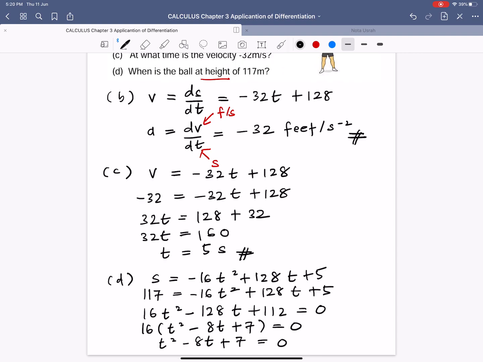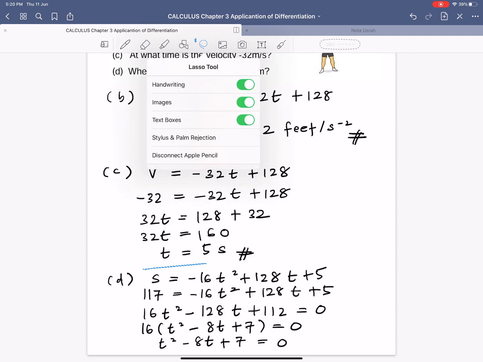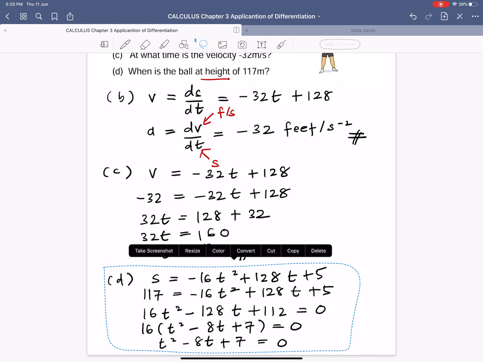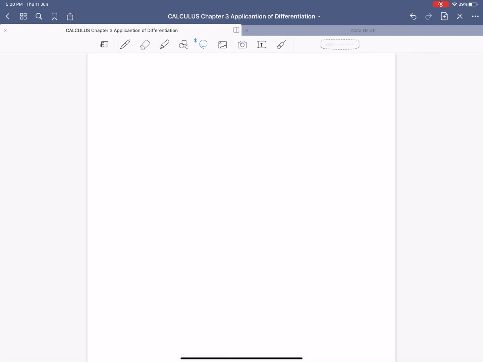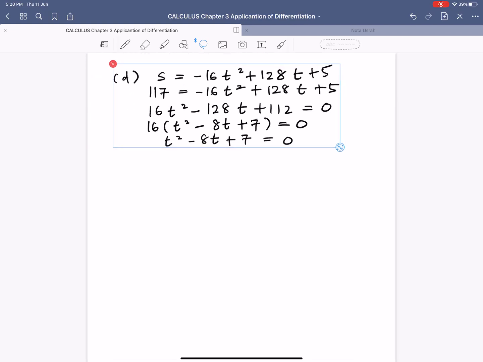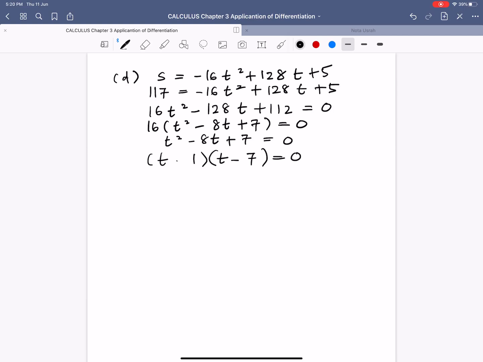Okay, we will continue here. From here, we can factorize the equation so that it becomes (t minus 1)(t minus 7).